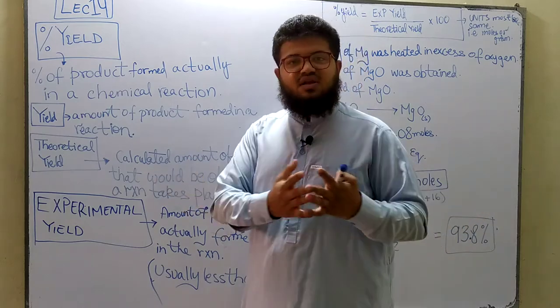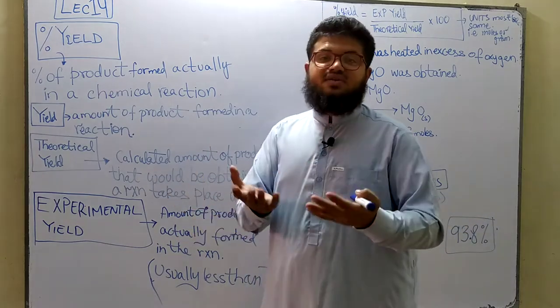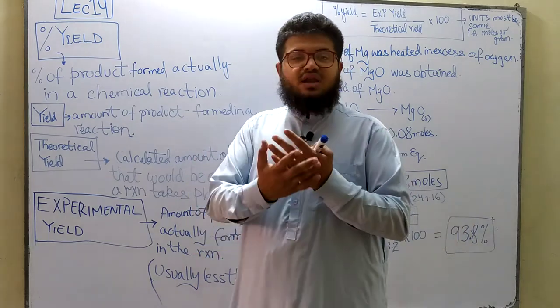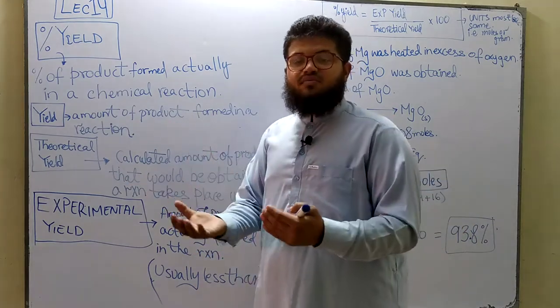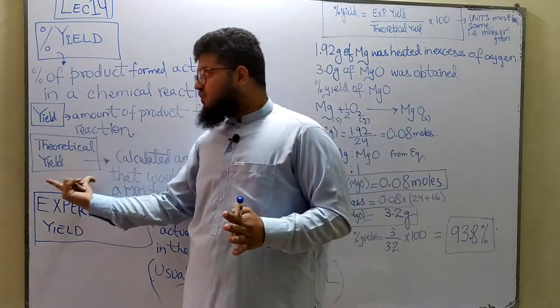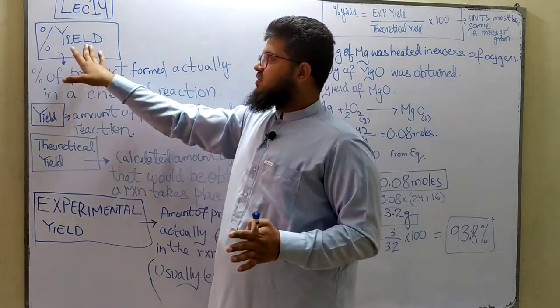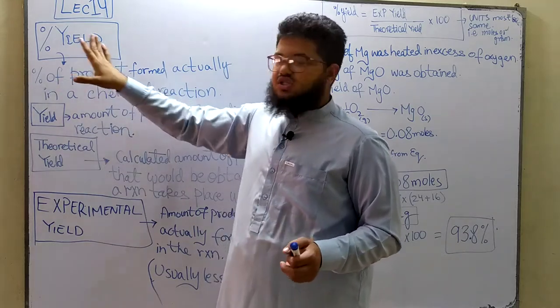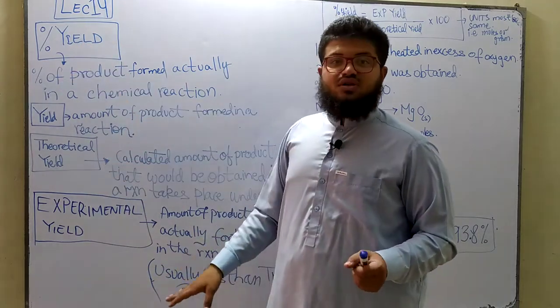Because there are several limitations of the experiment, there are several errors, impurities and other stuff that limit the amount of product that we get. So before we move on to the definition or the calculations of percentage yield, there are a few terms that you guys should know.